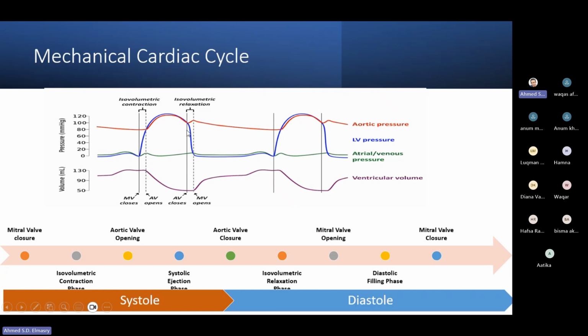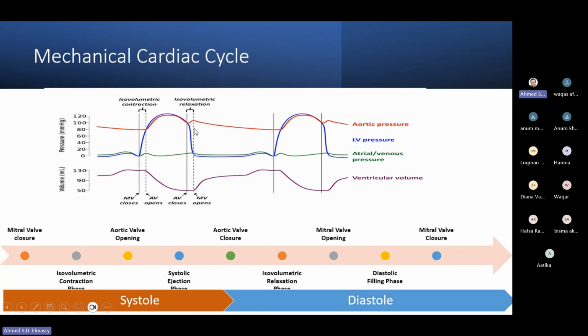And after that, at this point the systole will finish, where the aortic valve will close, which will initiate the first phase of the diastole, which is a short phase. It's called the isovolumetric relaxation phase.